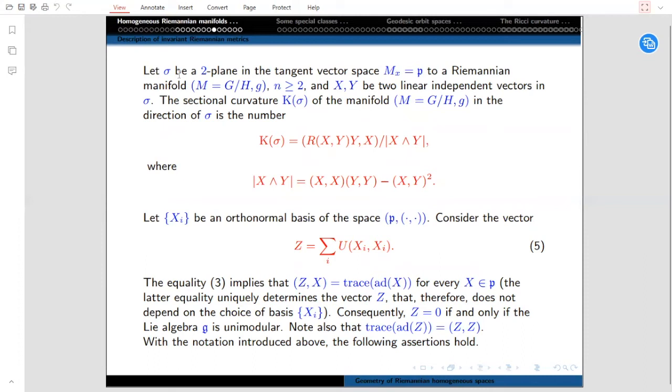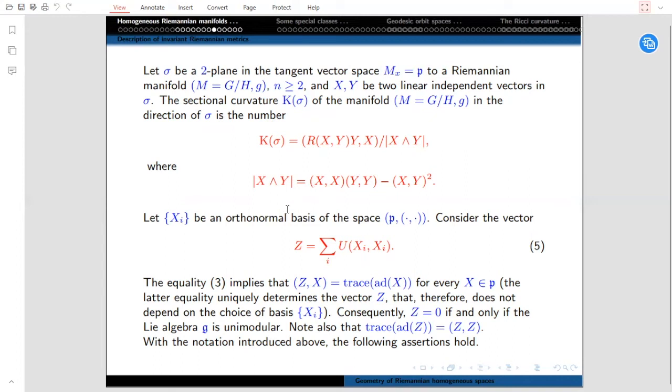Another formula: if we have sigma, a two-plane in the tangent space of the Riemannian manifold, and X, Y be two linearly independent vectors in this sigma, then the sectional curvature K of sigma of this manifold in direction sigma is, by a simple definition, this number, where this is the square area of the parallelogram.